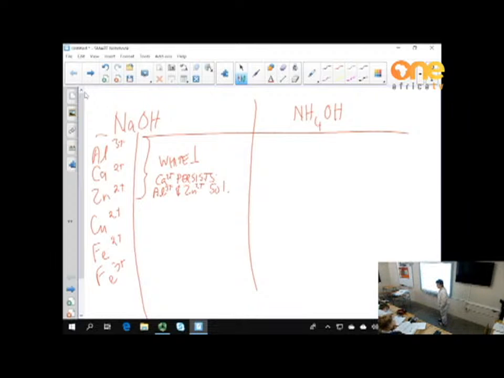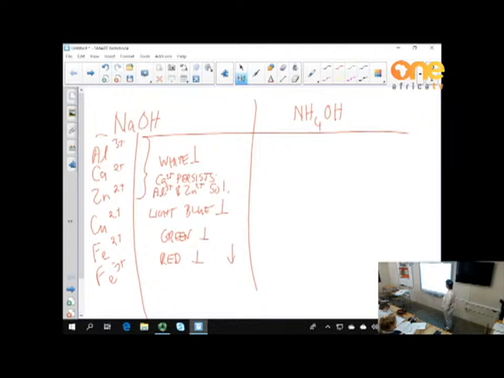All right. We said copper gives a light blue precipitate. Iron 2, we said gives a green precipitate, and iron 3 gives us a red precipitate, or in brackets solid. Okay. Sometimes they use this like that.